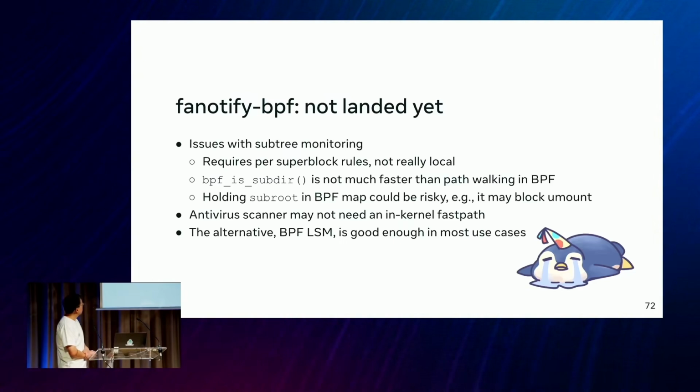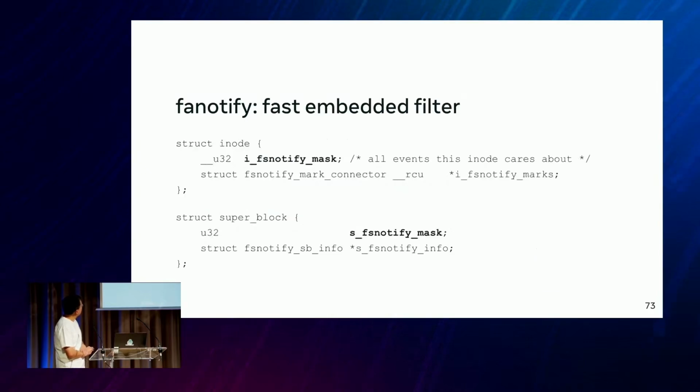So the primary problem comes from subtree monitoring. Recall that we have a mask in the inode, and we have a mask in the superblock. If I want to monitor a subtree, unfortunately, I cannot use this mask. I have to use this one instead.